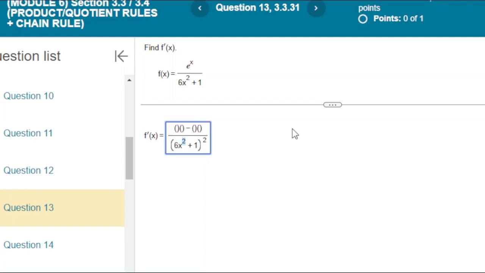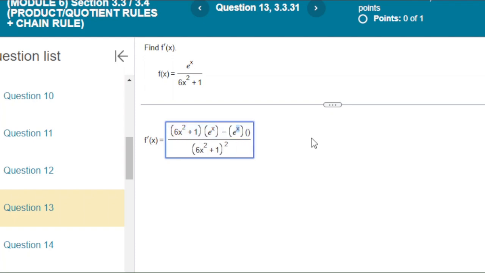In the numerator, we have low, 6x squared plus 1, times d high. Now the derivative of e to the x is just e to the x, minus high, which is e to the x, times d low, which would be 12x. So there's low d high minus high d low all over low squared.